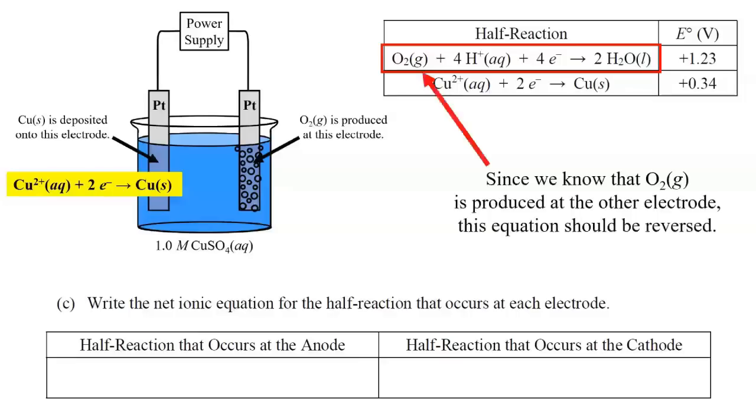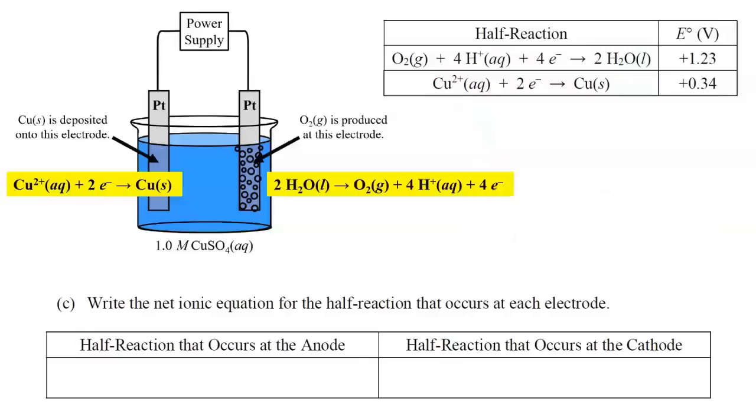So since we know that oxygen gas is produced at the electrode on the right in the diagram, then this equation should be reversed. So I'm going to go ahead and flip that equation around so it shows that 2 moles of liquid water react to produce 1 mole of oxygen gas plus 4 moles of aqueous H+ ions plus 4 moles of electrons.